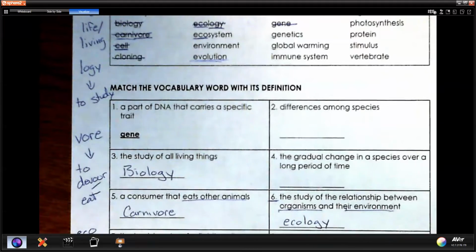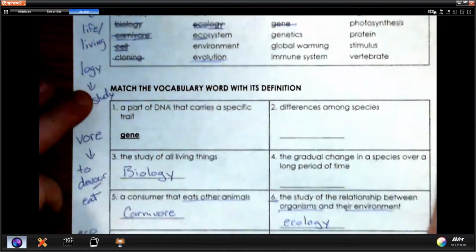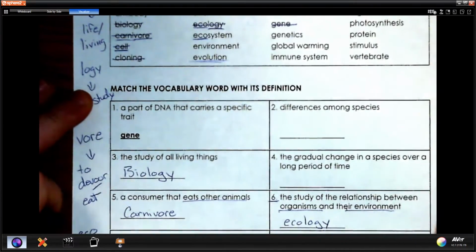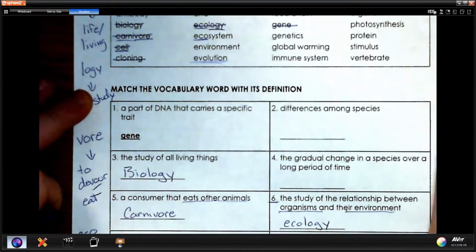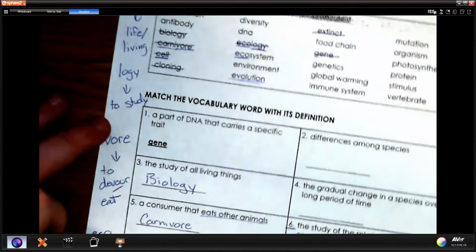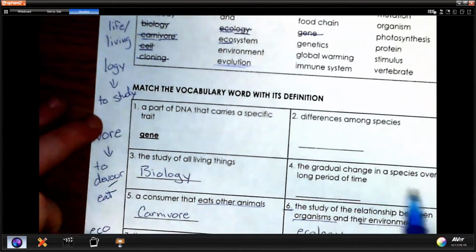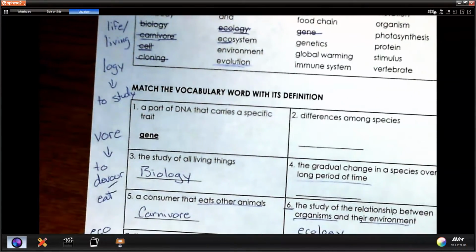So evolution, what does that mean to you? So evo means, like, okay, you're going with number 4, gradual change over a period of long time.